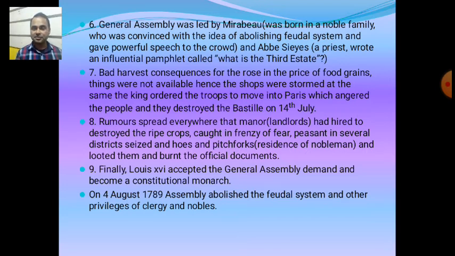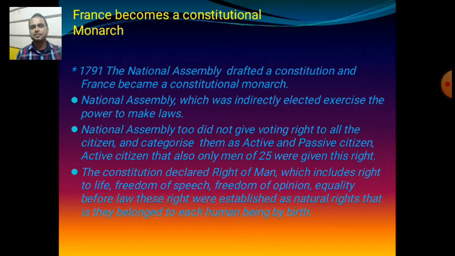They were free from the burden of taxes, and they exercised limitless rights and liberties in the society. When the General Assembly came to power, and France transformed into a constitutional monarchy, the first thing the General Assembly did was to end the feudal system and the privileges of the clergy and the nobles.